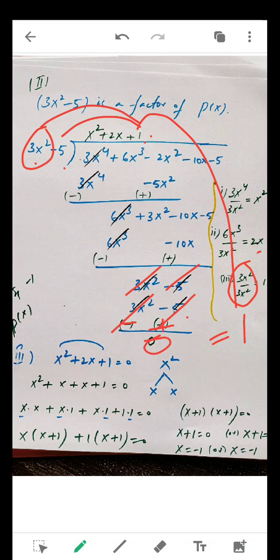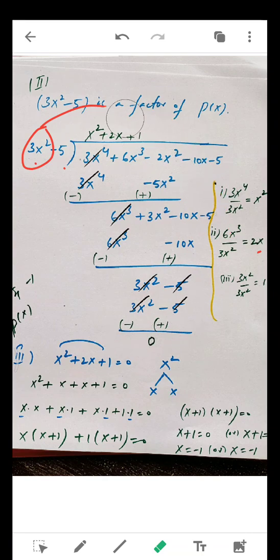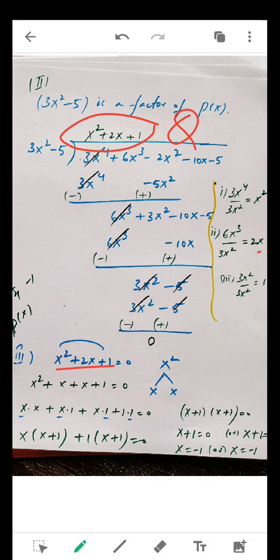So this method you have seen in 9th class, and you have done some division problems in this exercise also. So after division is completed, what you get here is the quotient. This quotient should be factorized to get 2 more factors.